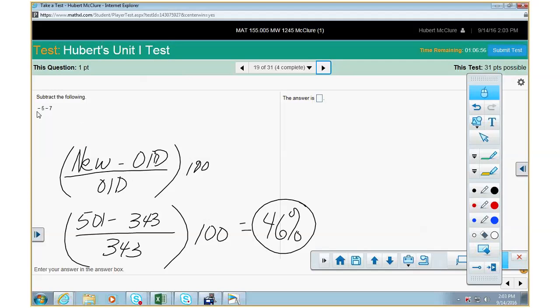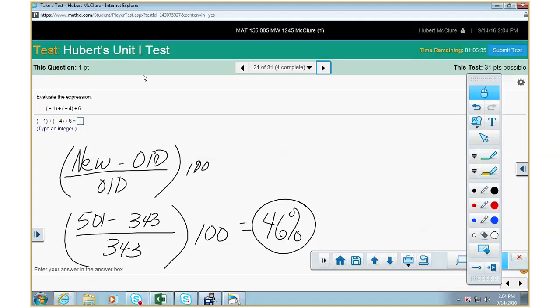You owe 5 and you owe 7. You owe 12, negative 12. You owe 3 and you owe 4. I could have made those harder, couldn't I? You owe 1, you owe 4.